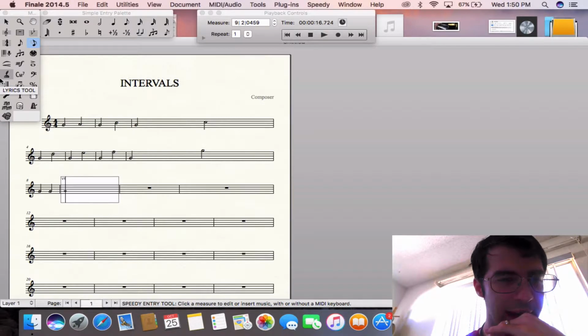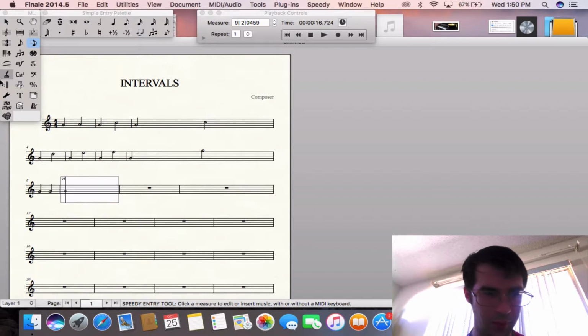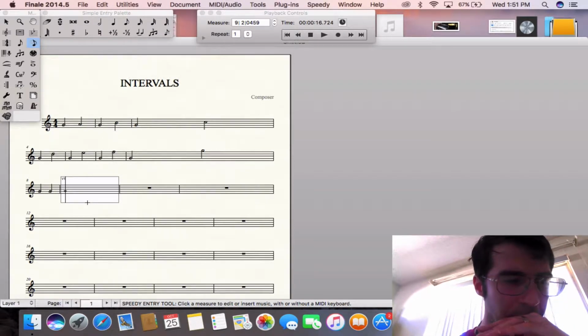And then we have another interval that is common, which is the second. These are the closest intervals in Western music that are perfectly tempered, and they are the most common here.